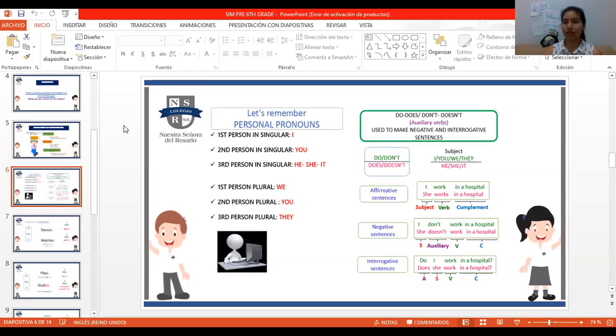So, we use auxiliary verbs to make negative and interrogative sentences. You know, we use do and don't with I, you, we, and they, and does and doesn't with he, she, and it.